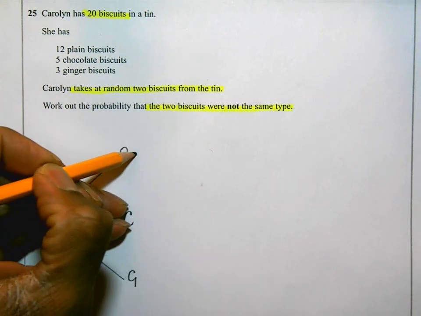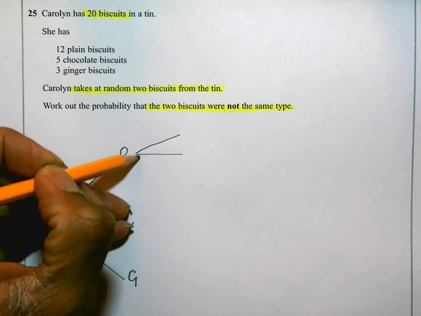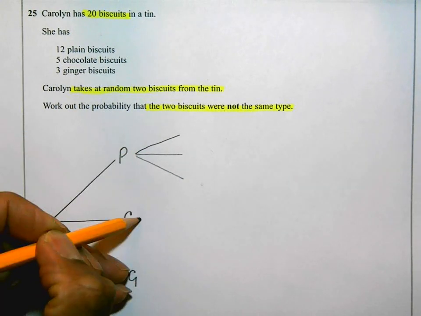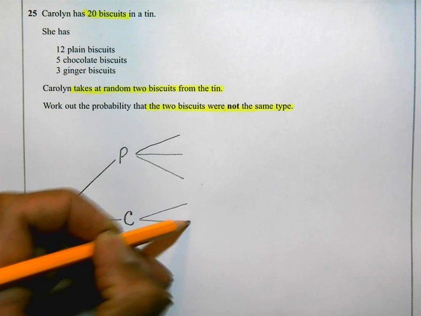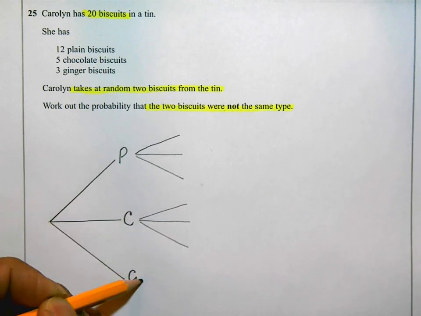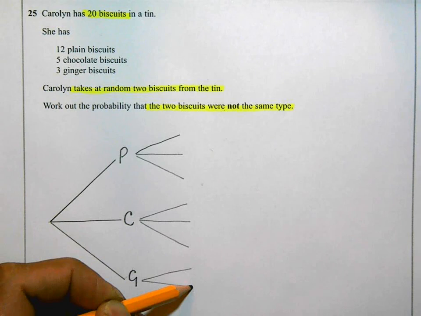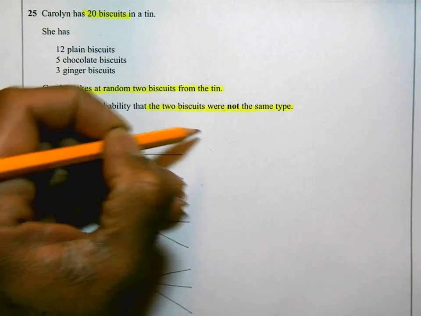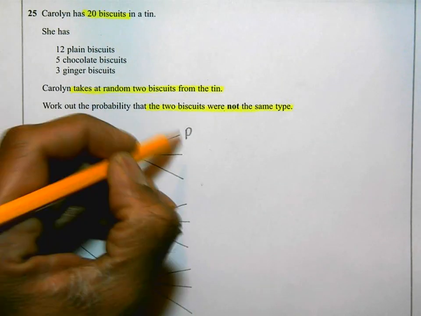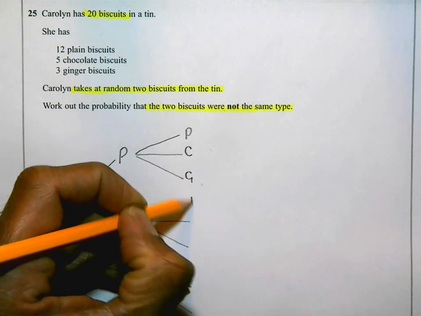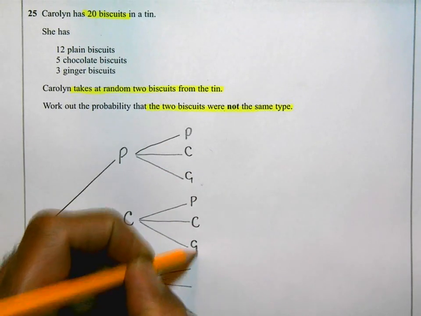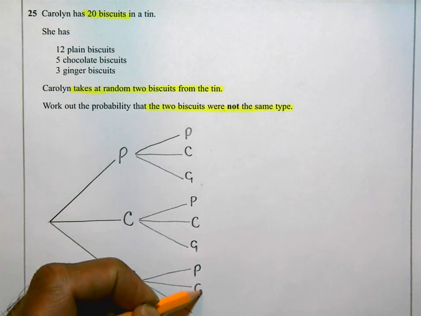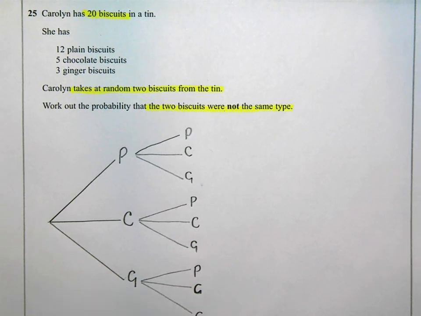And if I do the second part of this, we've got plain, chocolate, and ginger, plain, chocolate, and ginger, plain, chocolate, and ginger. Okay, so that is my tree diagram for this question.